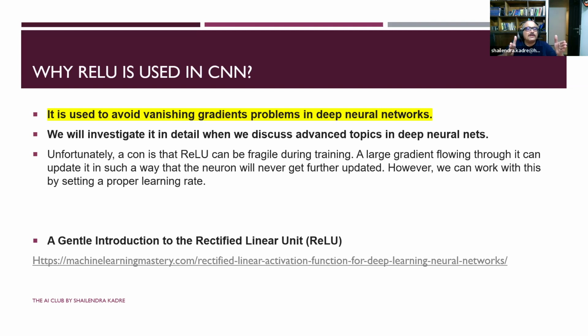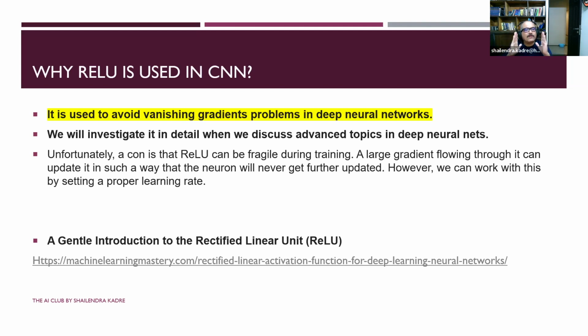Learning rate is a very sensitive hyperparameter in a neural network, so if we adjust it properly, we can avoid this and still have the advantage of using ReLU.